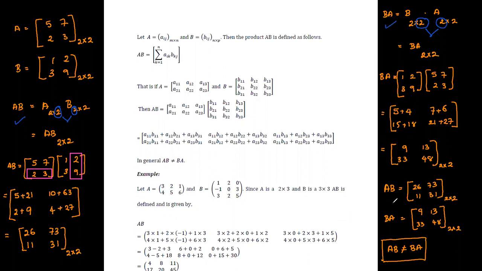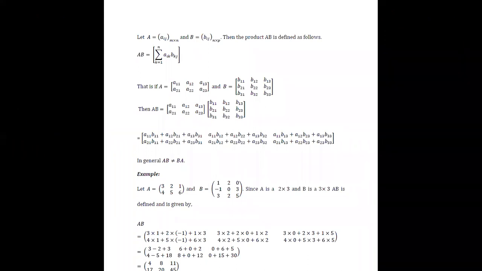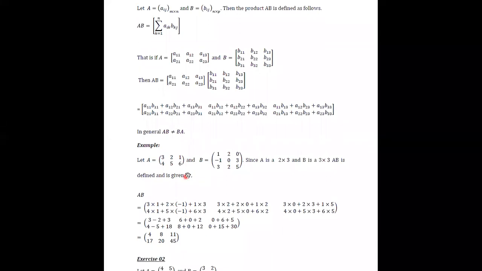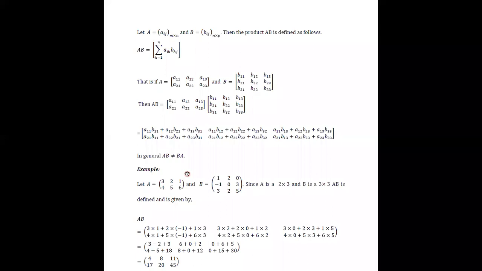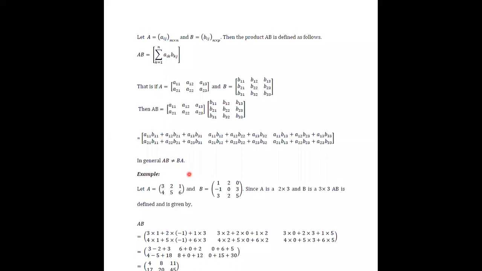Now we will discuss the example given here. The matrices are given as follows. This is the matrix A given for us: 3, 2, 1, 4, 5, 6.